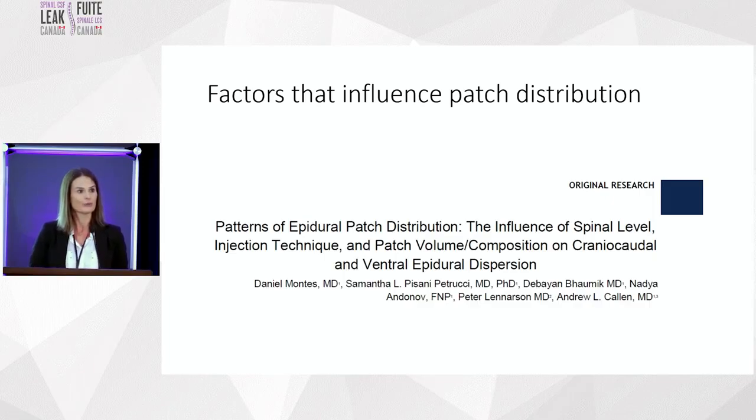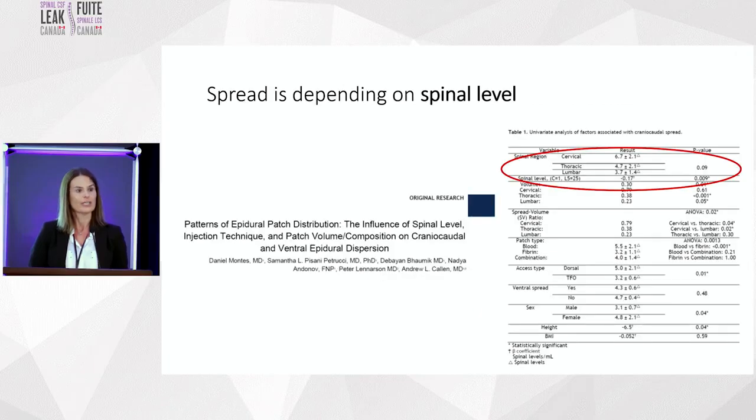What we learned from this very interesting paper is that the spread of the injected epidural blood depends on spinal level. That might make sense, because the epidural space is larger at the lumbar level compared to the cervical level. So the spread is the biggest in the craniocaudal way at the cervical level.